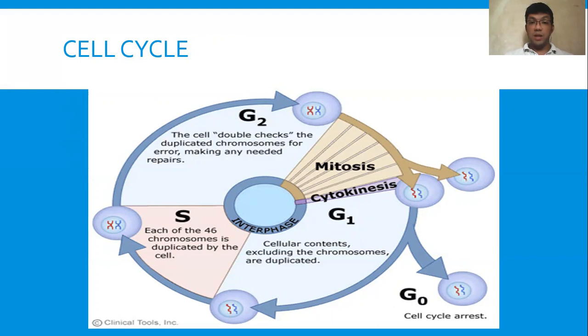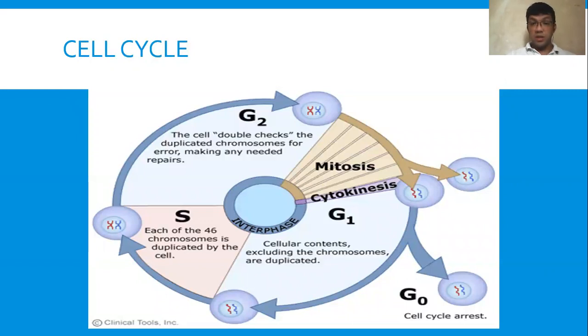and each of those 46 chromosomes are duplicated by the cell. So they're duplicated now. And the cell double checks. So that's in the S phase, wherein 46 chromosomes are duplicated by the cell. In the G2 phase, the cell double checks the duplicated chromosomes for any errors, making any needed repairs.